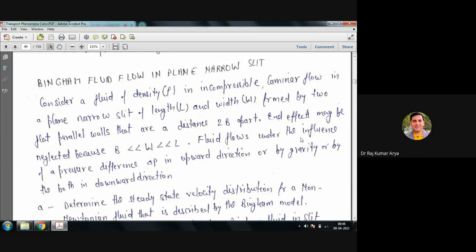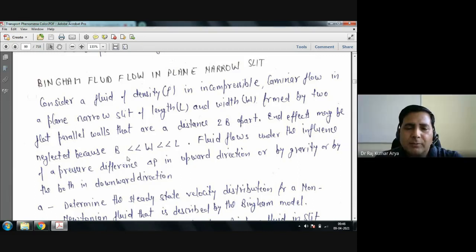Then end effects may be neglected, because the gap between the plates is much smaller than the width of the plate, and again the width of the plate is much smaller than the length of the plate. So the end effects may be neglected.